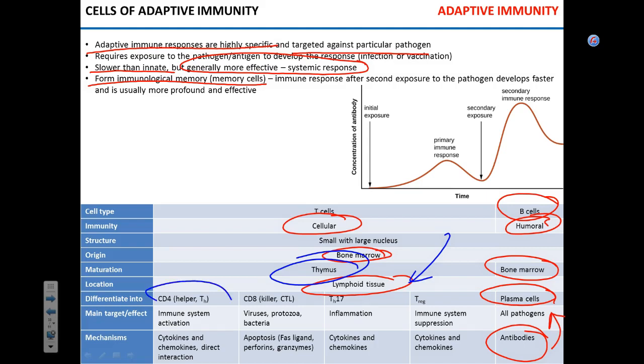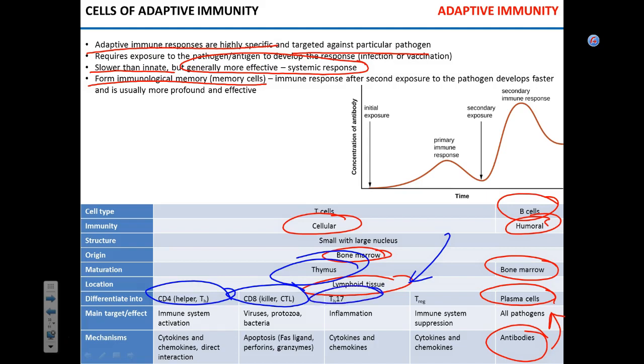It can be helper cells that regulate the activation of the immune system, produce cytokines, chemokines. Killer or cytotoxic lymphocytes, CD8 cells. As you can guess from the name, cytotoxic lymphocytes kill other cells, infected cells, and cancer cells.